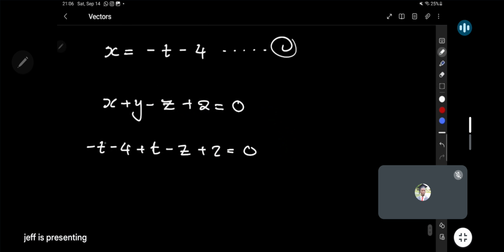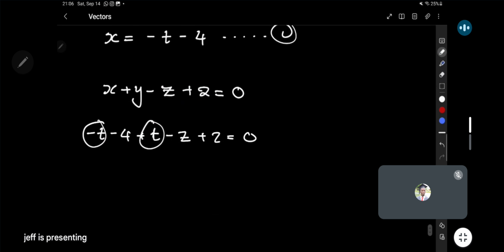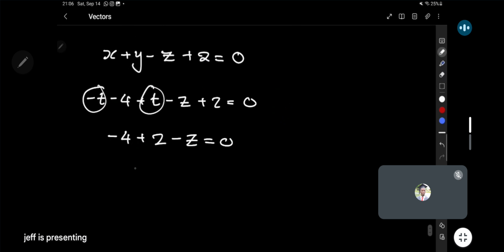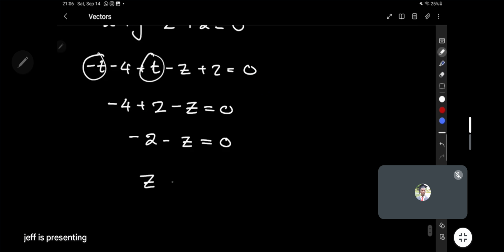We see that t and t gives us 0. We now just remain with minus 4 plus 2 minus z is equals to 0. This is going to be minus 2 minus z is equals to 0. So now z is equal to minus 2.